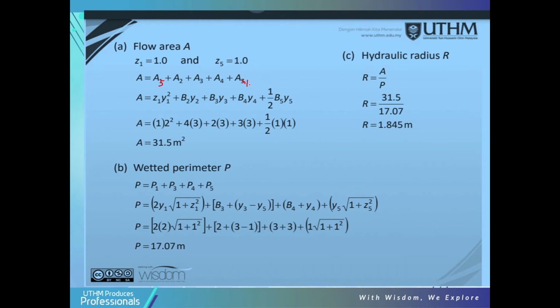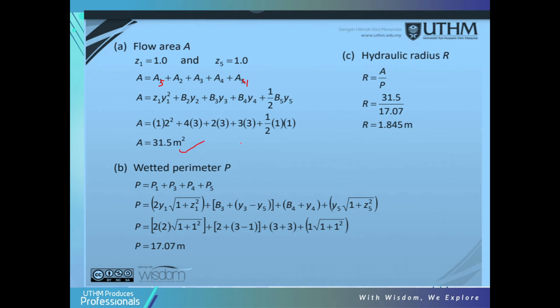A1, this is A5. For A5 we use the area of the triangular. A2 is the rectangular, A3 is also rectangular, and A4 is also rectangular, and A1 is the triangular. Just put all the values here, so you get the area.